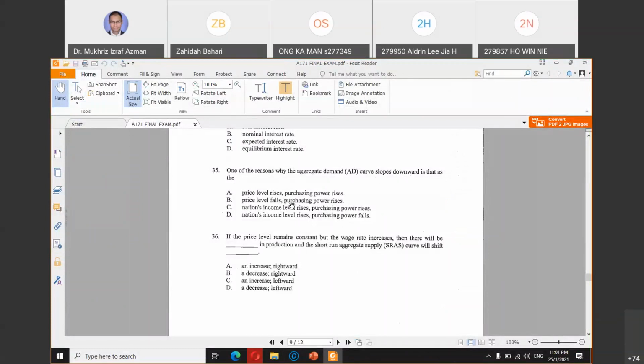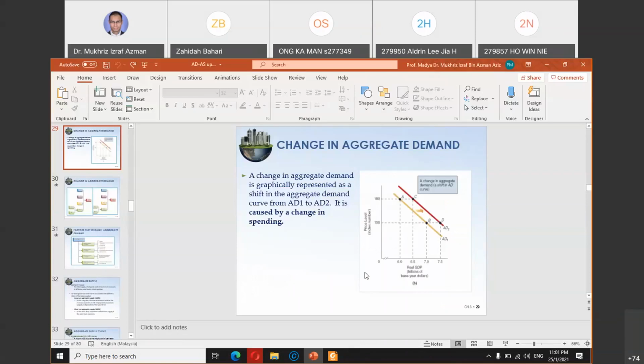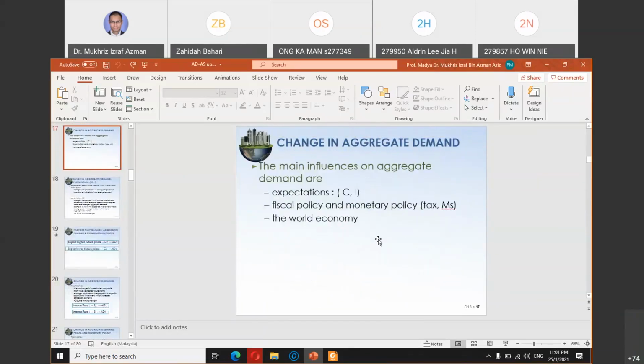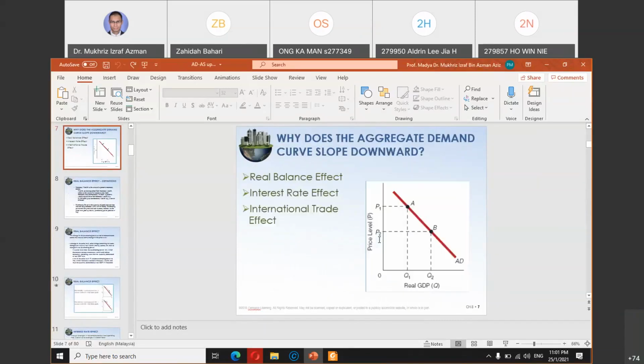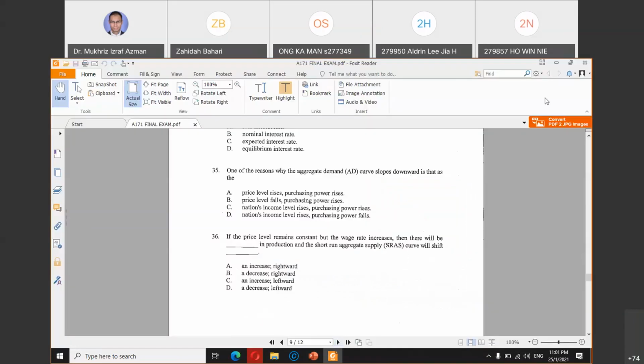Is it A, B, C, or D? Price level rises, purchasing power rises. We discussed this just now, on why the curve slopes downward, on these three effects.